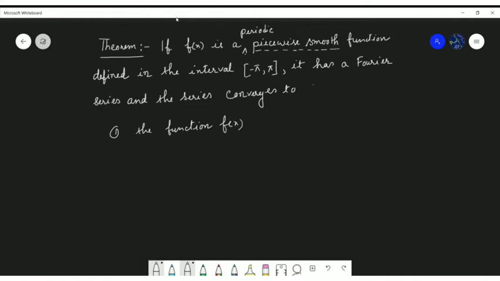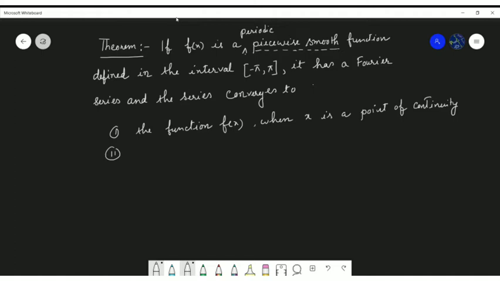Okay, now we are talking about that Fourier series which converges to the function f(x) when x is a point of continuity. Okay, I will again make you understand what this is. First write down the theorem.